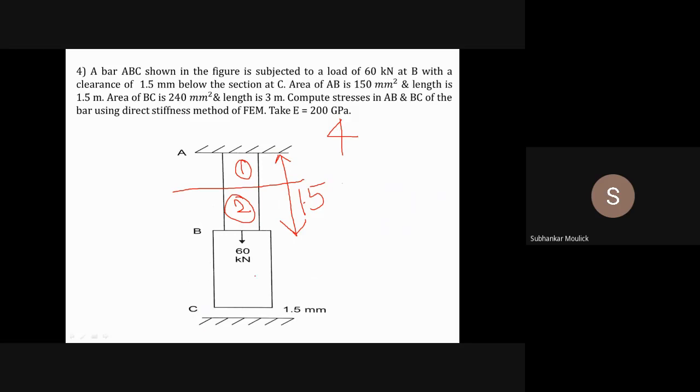The length of BC is 3 meter. If I divide BC into 2 equal parts, then definitely this will be my element 3 and this will be my element 4. Is it clear how I am dividing the entire problem into 4 elements?